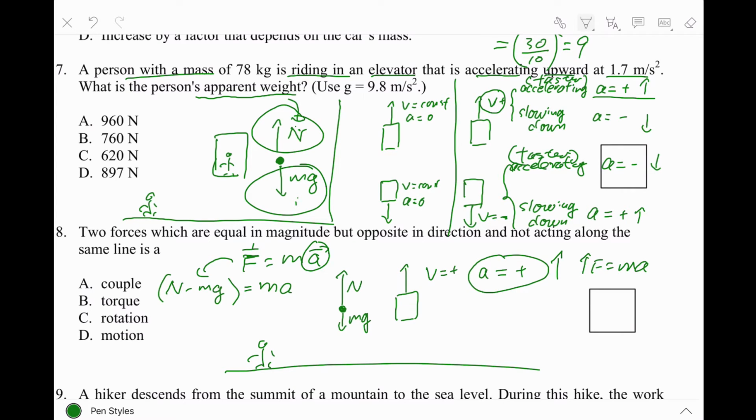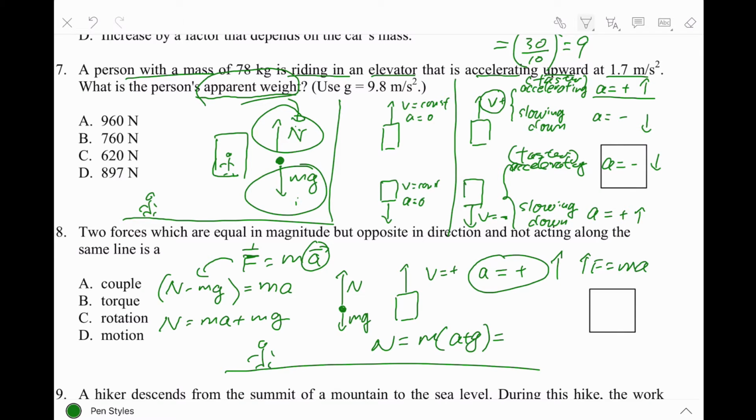The rest is mathematics. You've already done the physics here. So what do you want to find? You want to find the apparent weight. It means you want to find N. N is, of course, ma plus mg. So N is m times (a plus g).